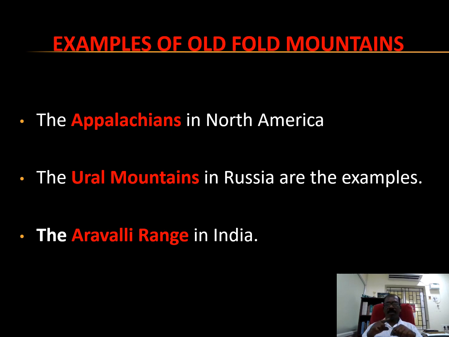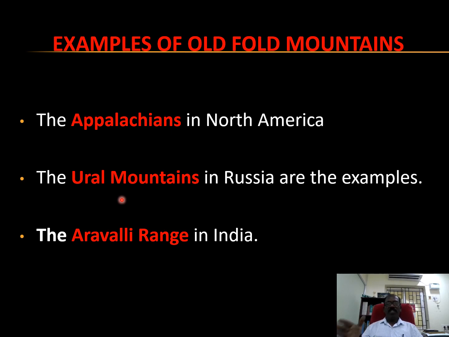So it makes rocks fold. In this way, many old fold mountains were formed. For example, the Appalachians in North America, the Ural Mountains in Russia, the Aravalli Range in India. These major mountains found all over the world may get eroded over a long time.